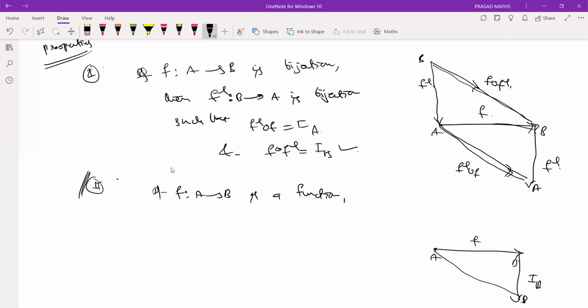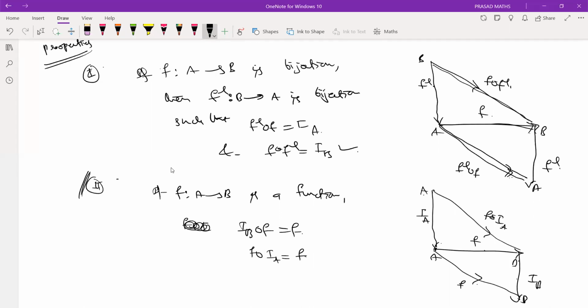So IB circle f is equal to f, where IB is the identity function on B. Similarly, this is my identity function on A, so the diagram commutes. f circle IA is nothing but f.